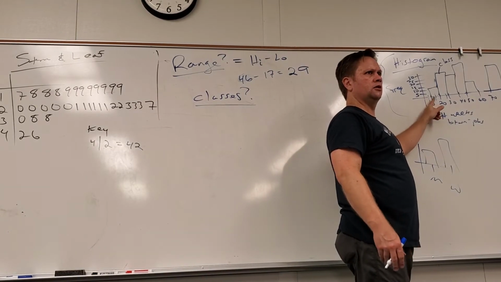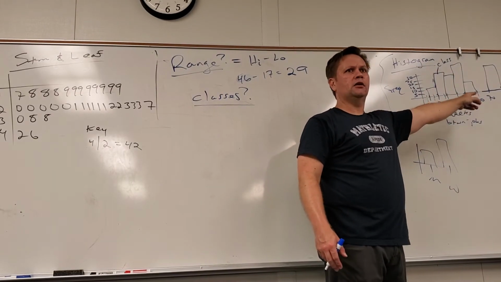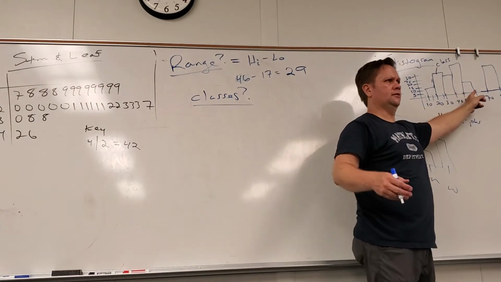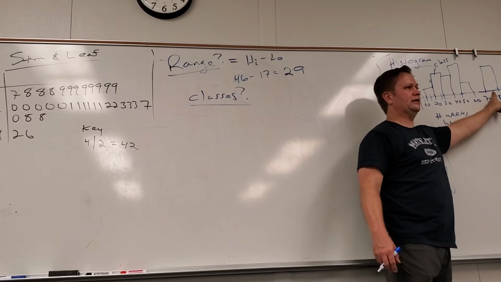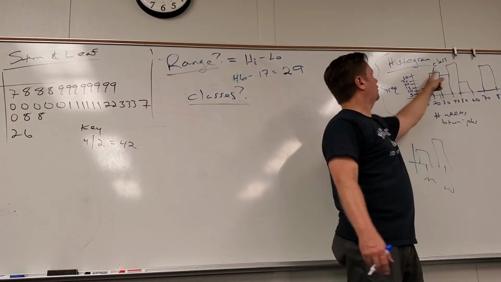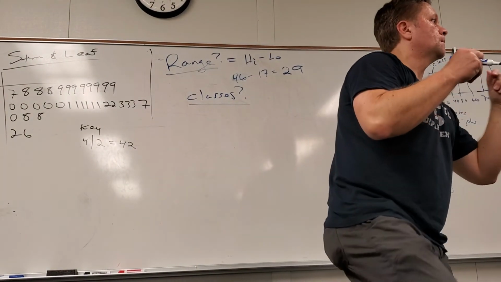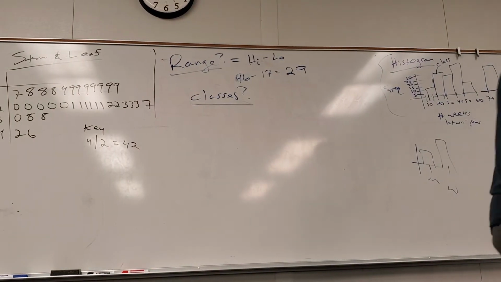No. What's the most it could possibly have been? 80. Could there have been no 80s? Yes. Could there have been nothing but 73s here? Yes. We don't know where it was in 70 to 80, but I know there was roughly 30 between 70 and 80. So is the class 10 to 20 to 30? Yes. Okay.